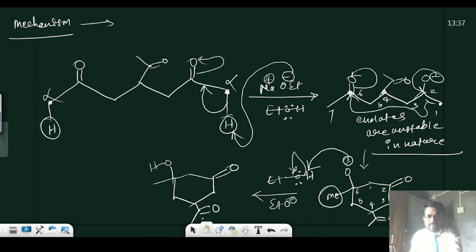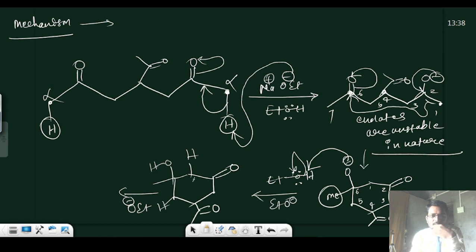So after this there is a formation of this particular compound like this. And when we add the base, that is sodium ethoxide, what will happen? Base is sodium ethoxide, OEt minus. Okay. So there are two hydrogens again, here, here, and here. There are two possibilities. So the base will abstract a proton from the more acidic one.